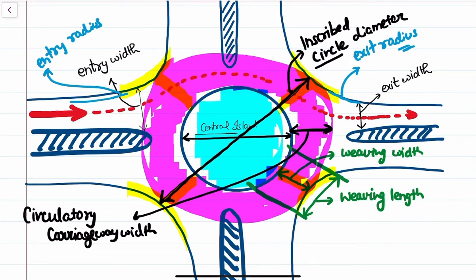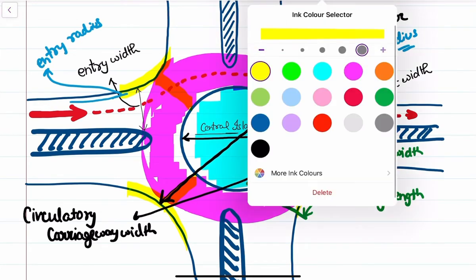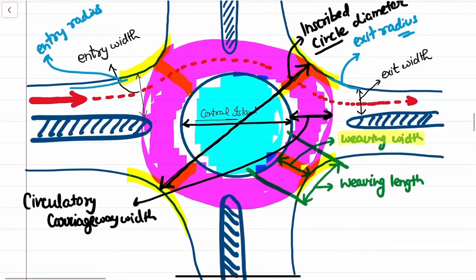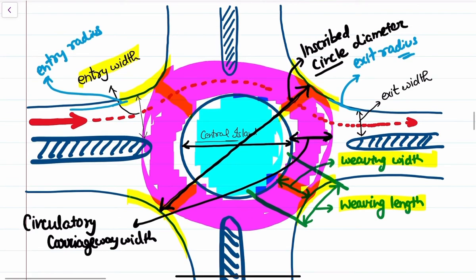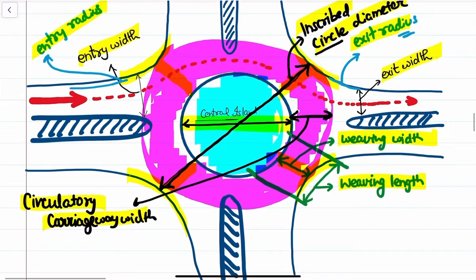Alright. So the important parameters for you to remember here are the weaving width, weaving length, the entry width, the exit width, entry radius or exit radius, and the radius of central island. These are the main parameters. Apart from that, we have the inscribed circle diameter and the circulatory carriageway width. Alright.